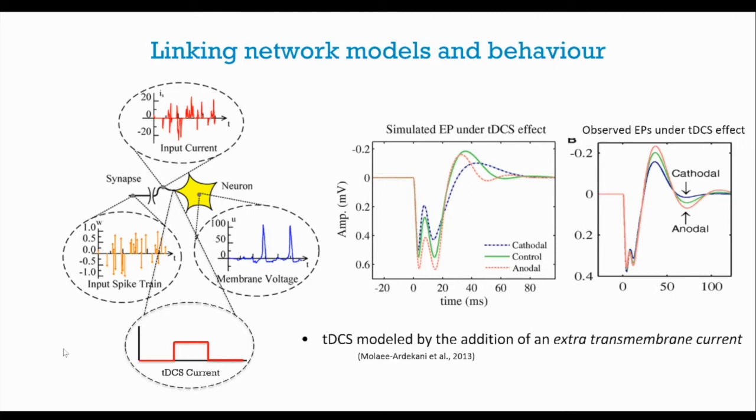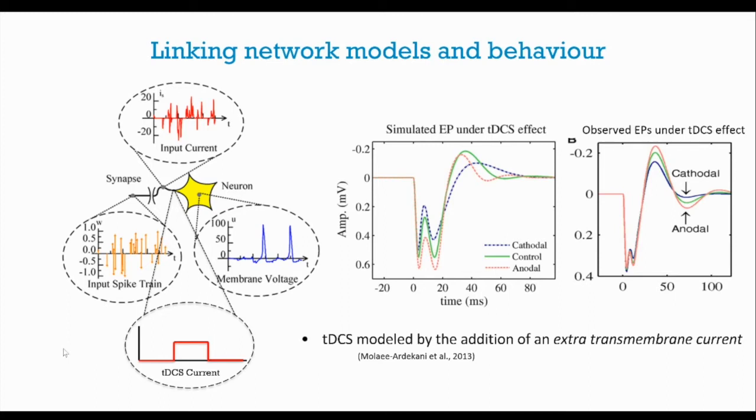The network receives input, which is there to mimic the sensory input that usually reaches this area in real life, and they modeled the tDCS as an extra transmembrane current, and then studied how the behavior of this network changes under different types of stimulation.